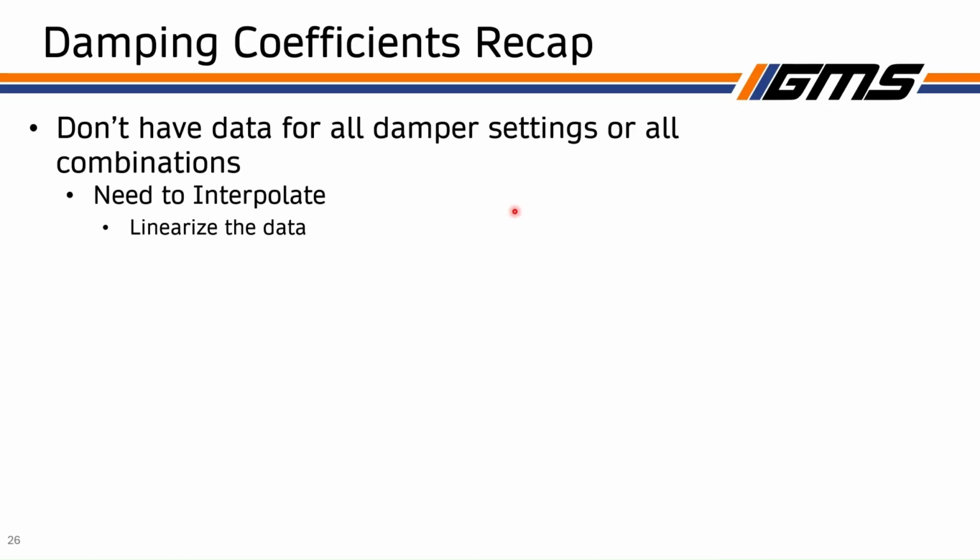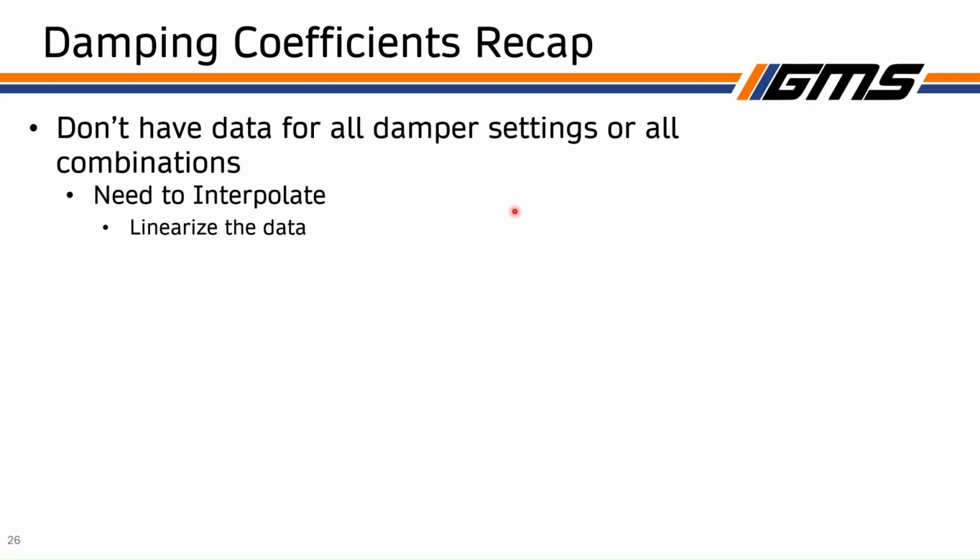So real quick, the problem that we had was that we don't have data for all of the damper settings or all the combinations. And so we need some way to interpolate data and figure out what it's going to be in the middle. And in order to do that, we had to linearize the data. So the logic for determining what your damping coefficient is going to be, because there's 4 different regions, right?